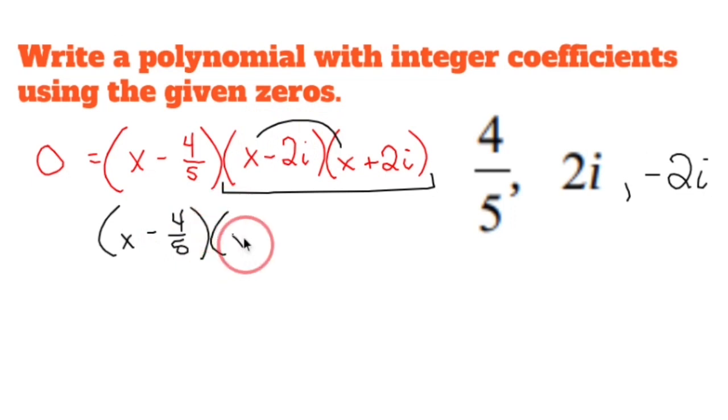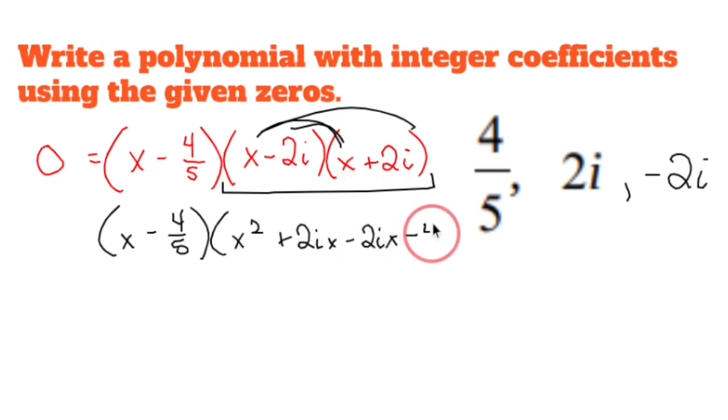X times x is x squared. X times 2i is 2ix. -2i times x is -2ix. -2i times +2i is going to be -4i squared.